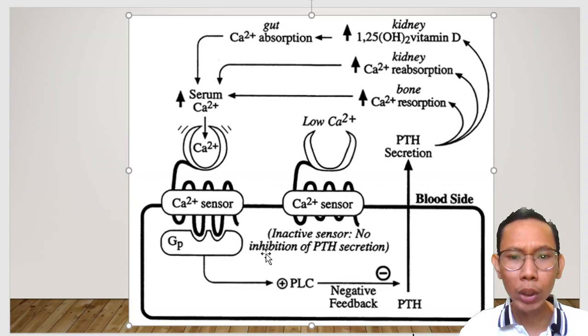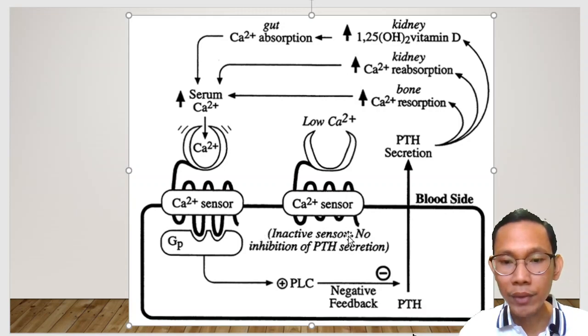The question: what will happen if we have a low level of calcium in the blood? A low level of calcium in the blood will result in no attachment to your calcium sensor, meaning walang mag-a-attach na calcium dito kasi nga low ang calcium mo. So what will be the effect? You will now have an inactive sensor.